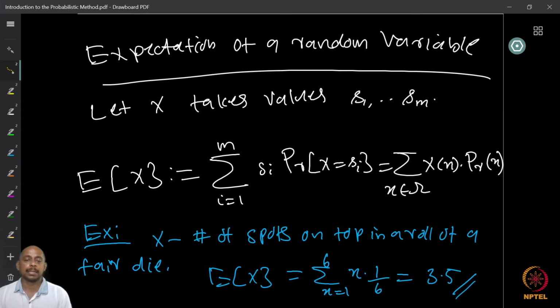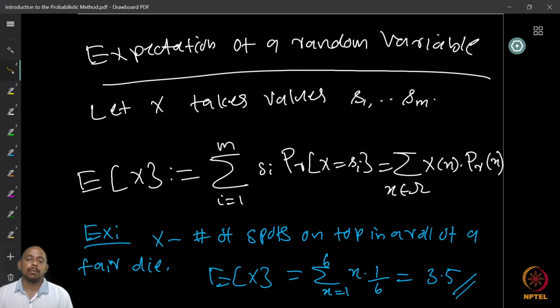E of X is the sum over all the values x equal to 1 to 6, because the variable can take any value from 1 to 6, the number of spots on the top. The probability for each one is 1 by 6, because of a die we are rolling. So it is the summation of x into 1 by 6, x ranging from 1 to 6, which is 3.5.